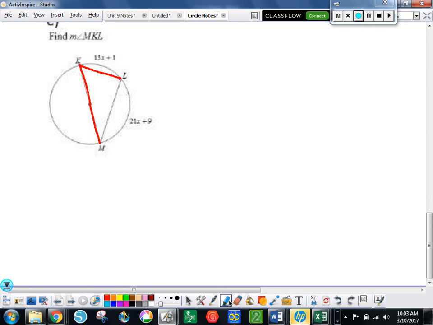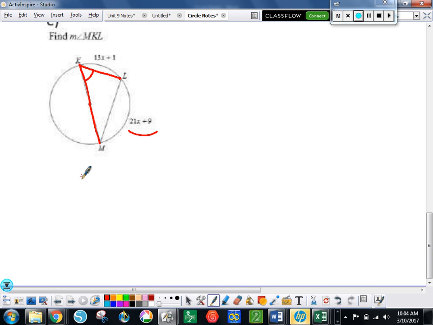So we kind of looked at, say, 21x plus 9, because this arc right here is half of this angle, right?